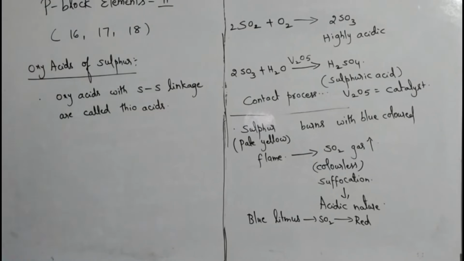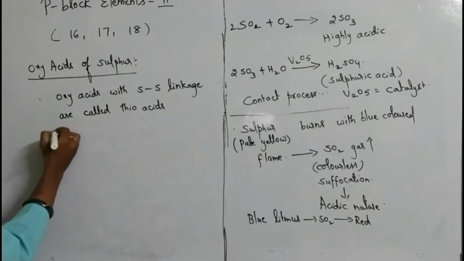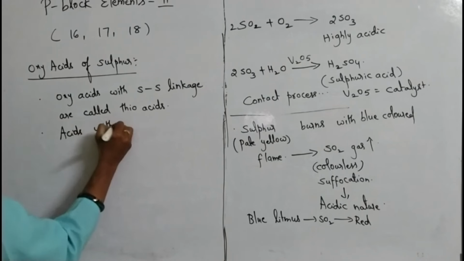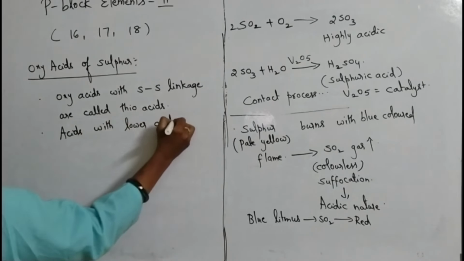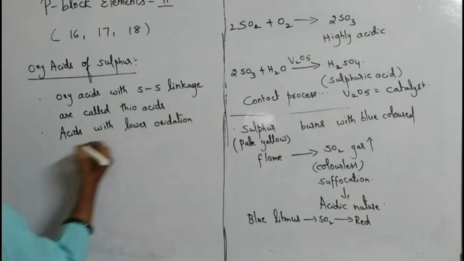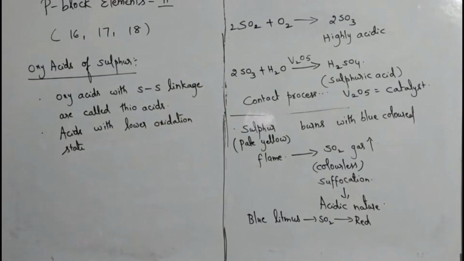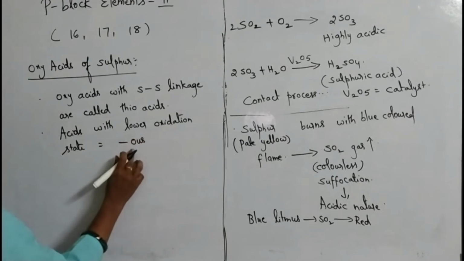Oxyacids with the lower oxidation states, acids with the lower oxidation state, are generally termed as OUS acids, with the suffix OUS.